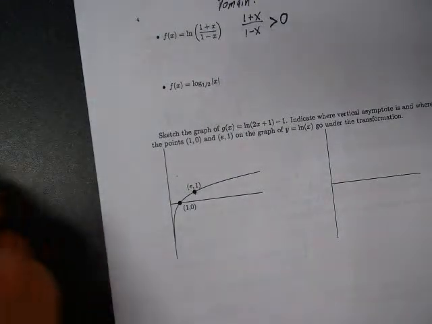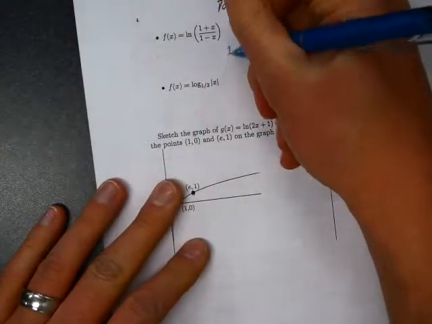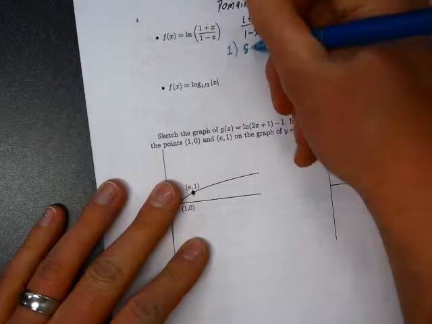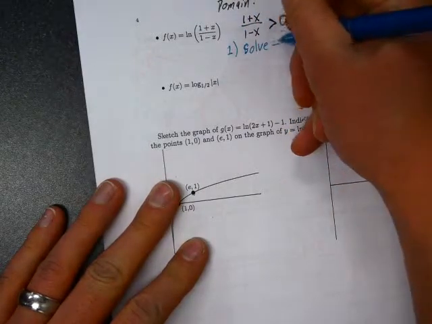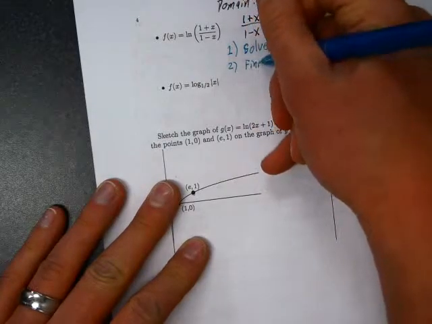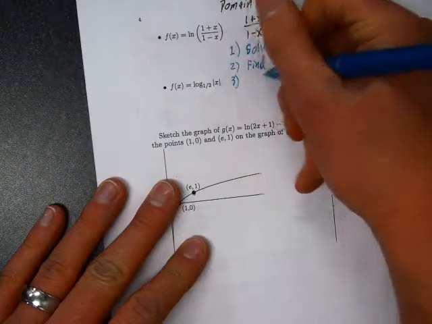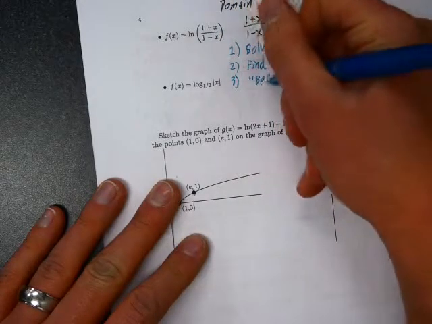And because I may or may not have time to finish, let's outline the steps. First, solve equality. Second, find vertical asymptotes. And third, do the check between and beyond game.